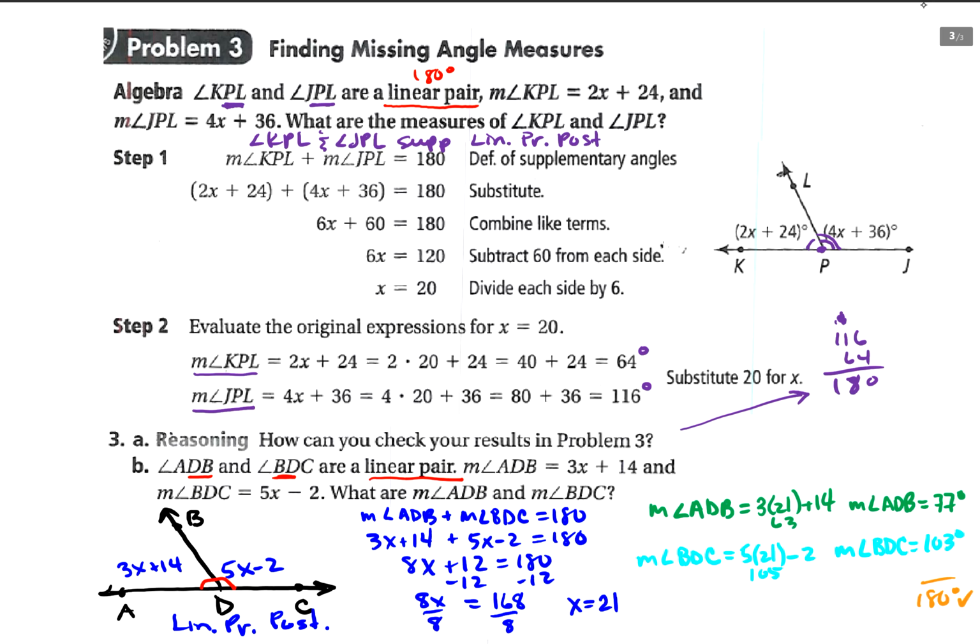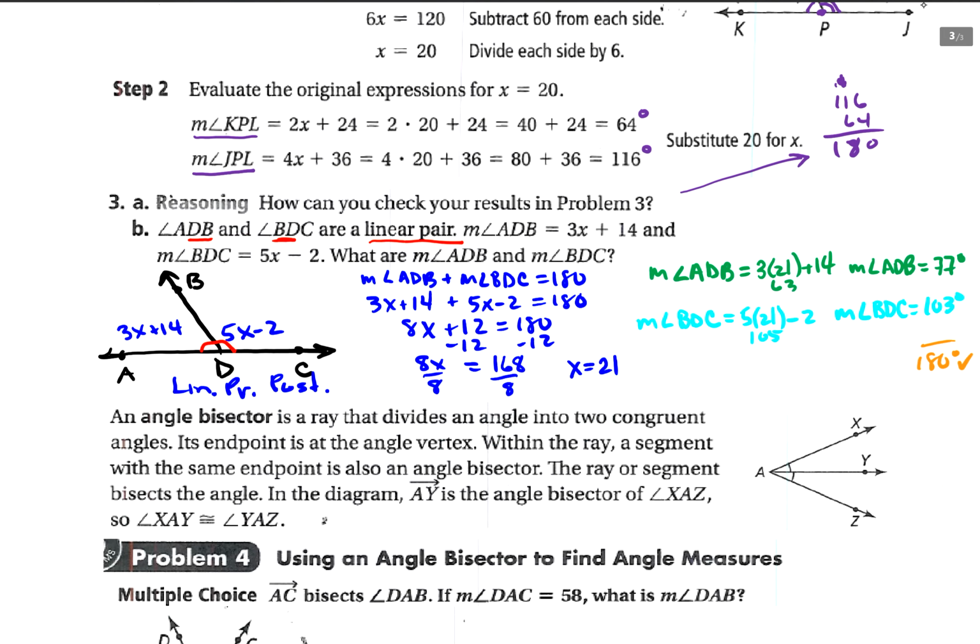I'm asked for the measures of the angles, and so I substitute back in, and I get the measure of angle ADB is 77, and the measure of angle BDC is 103 degrees. And if I want to check that, I can sum them together. I just add them up, and yes, they make 180 degrees. Therefore, they are a linear pair. Very nice. All right.